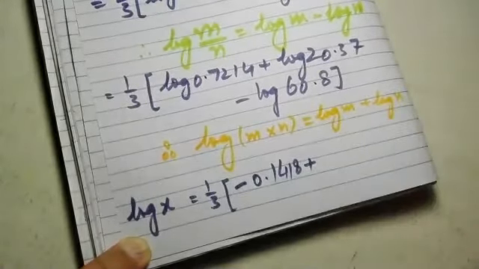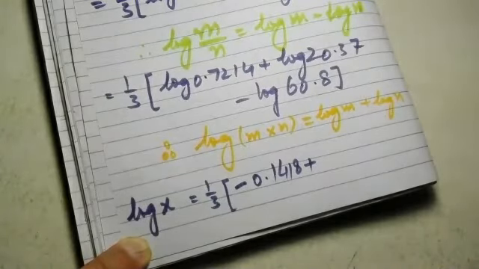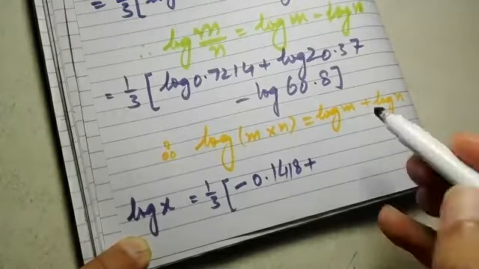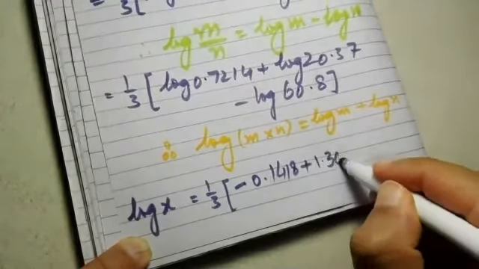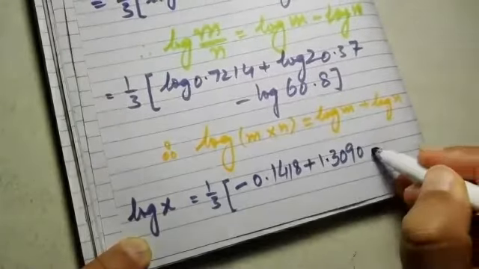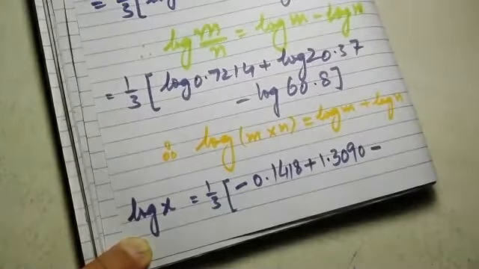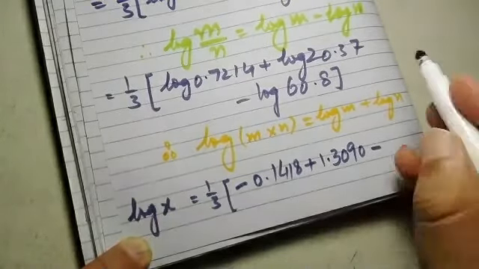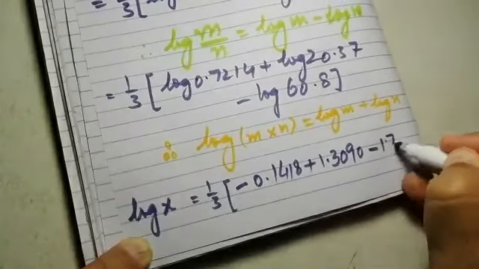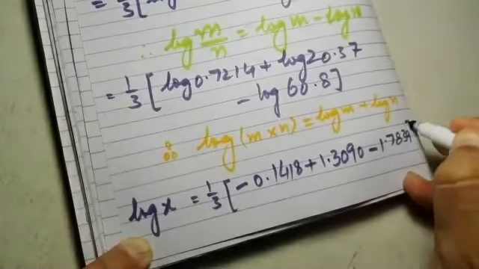Then I would find the log of 20.37. This is 1.3090, and minus log 60.8. Log 60.8, its answer is 1.7839.